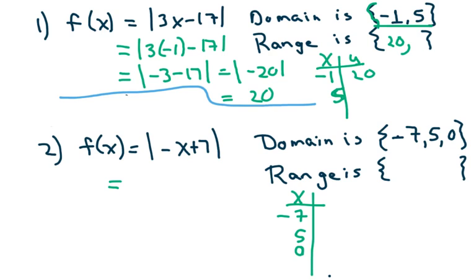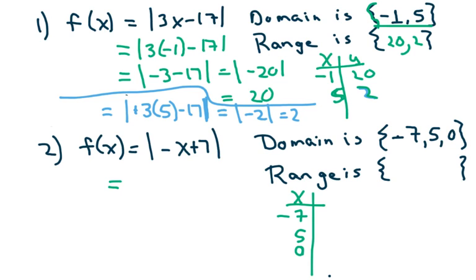Sorry, guys. All right, so we're going to do the absolute value of 3 times 5 minus 17. That gives us the absolute value of negative 2, which equals 2. So we put the 2 here. Let me put it back in green. 2 goes here.